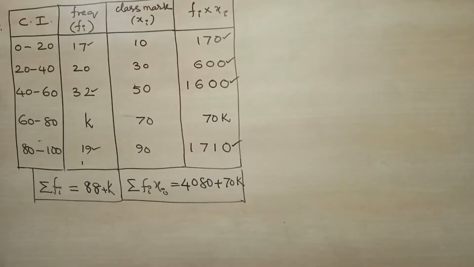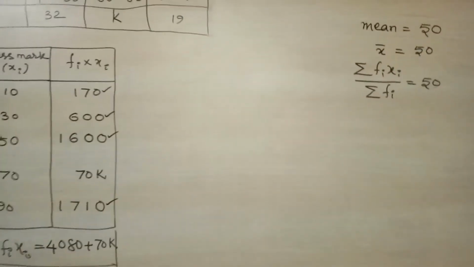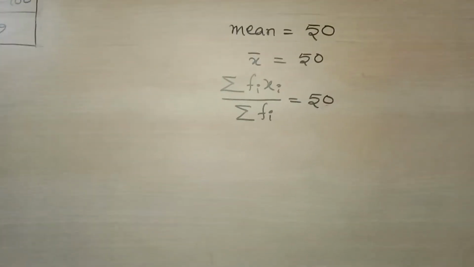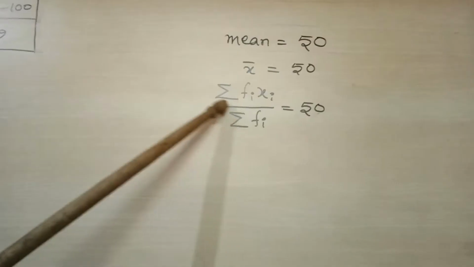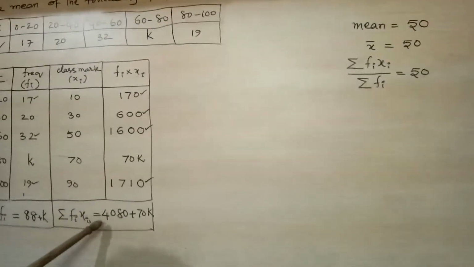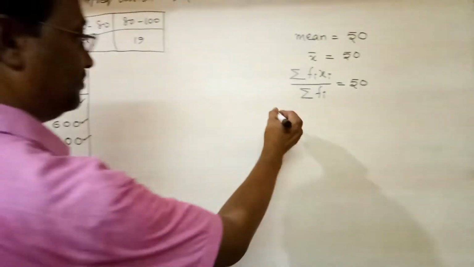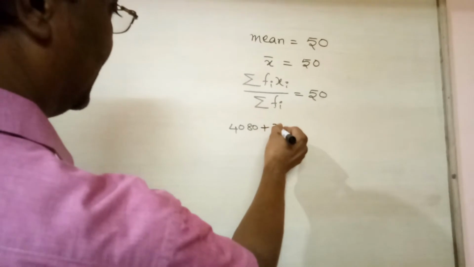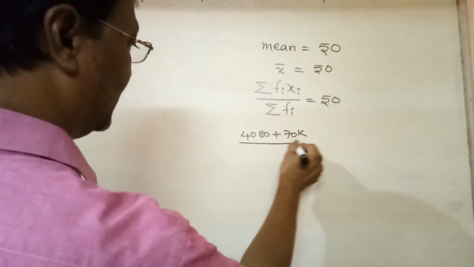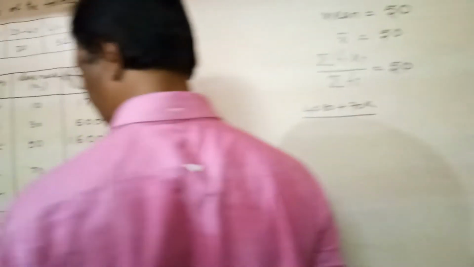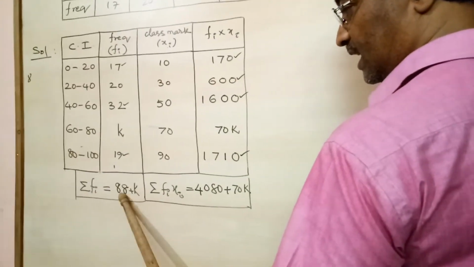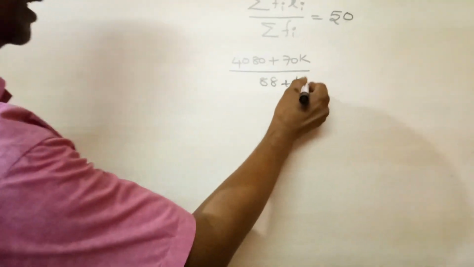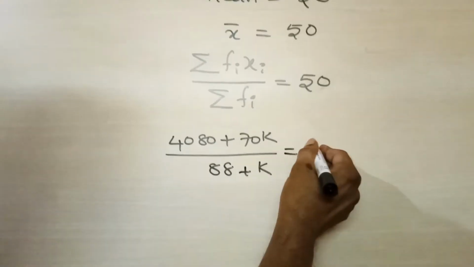Now substitute these values in our formula. Sigma fi xi we may write as 4080 plus 70k, by sigma fi, which is 88 plus k. 88 plus k is equal to 50.